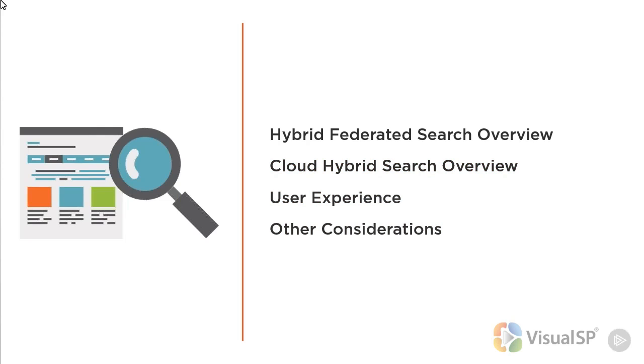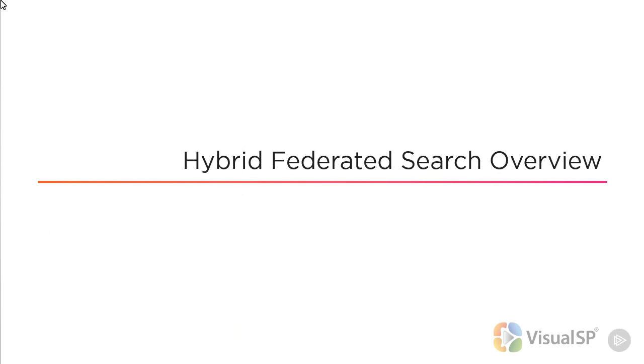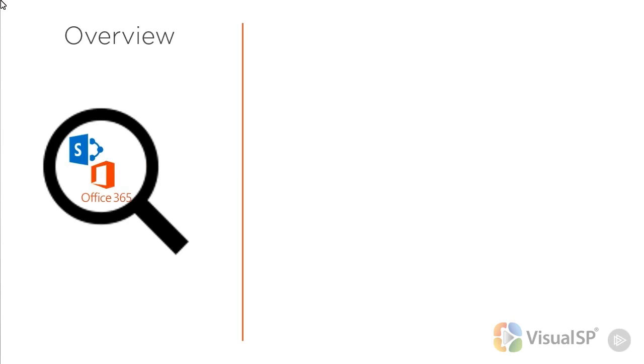So the hybrid federated search overview. Hybrid federated search is an option that is included out of the box in both SharePoint 2013 and 2016. However, if you're running SharePoint Server 2013, you need to install, I think, the May 2014 update, which you probably already have by now in order to get the best experience.